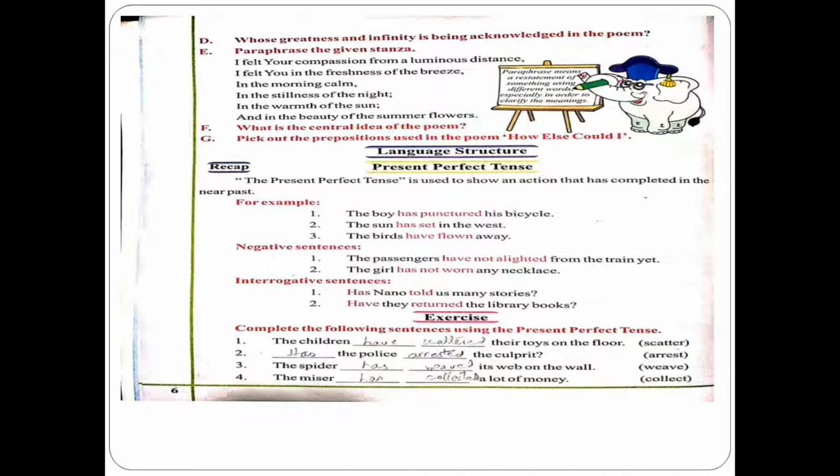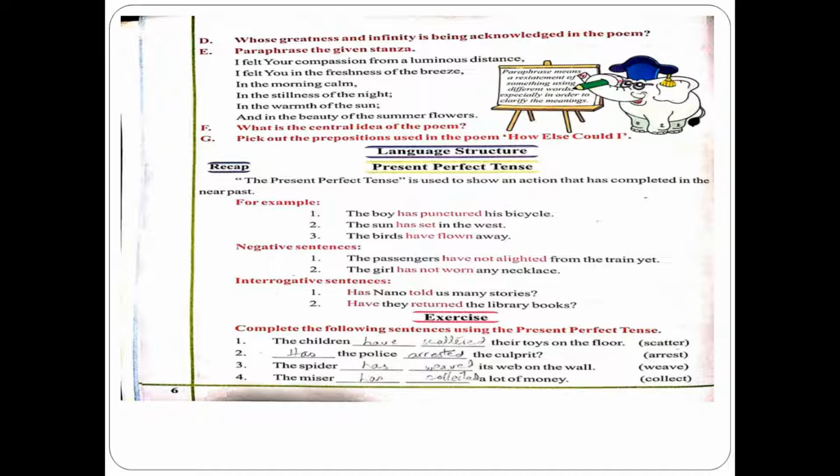Now we will move towards the next part, that is negative sentence. Now we will learn how to convert simple present perfect tense into negative sentence. What is going to be added? Not is going to be added, which will be put after helping verb and before the third form of verb. Now look at the example. The passengers have not alighted from the train yet.